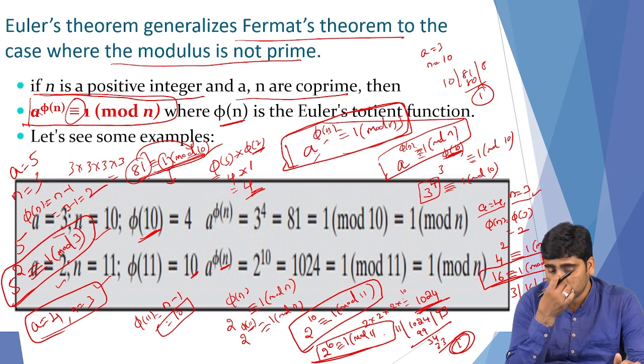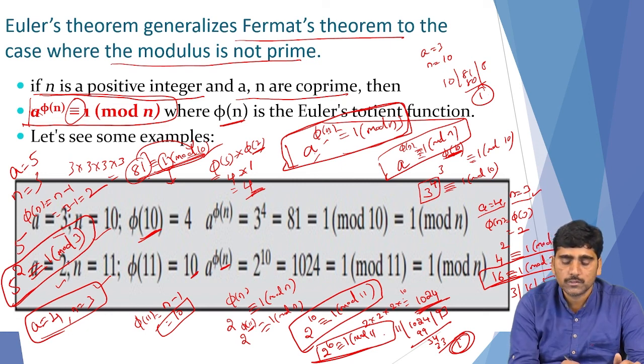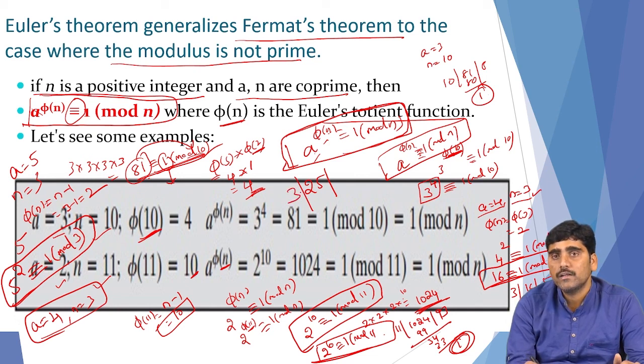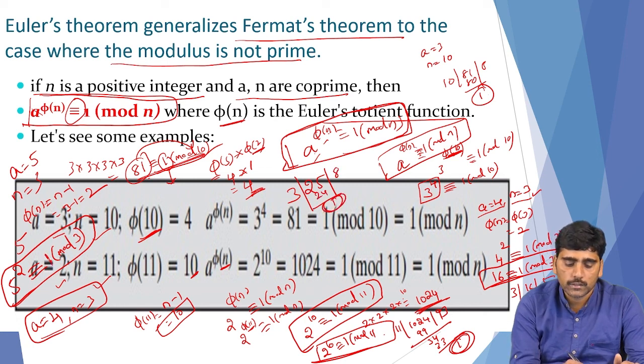See here whether it's satisfied or not. 5 squared is nothing but 25, mod 3. So if you divide 25 by 3, 3 eights are 24 and 1 is the remainder. So it's satisfied.